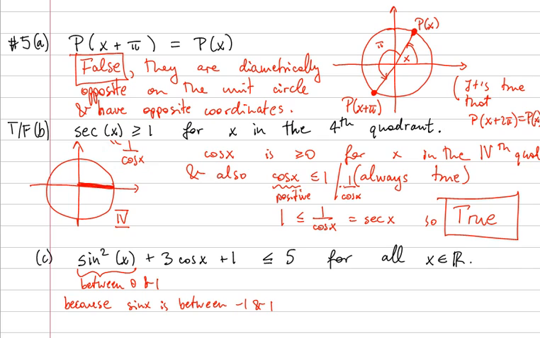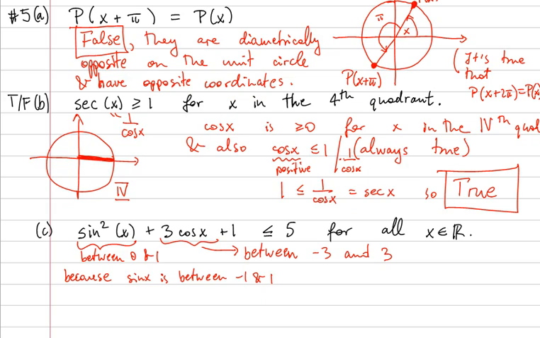Sine x never gets bigger than 1, never gets smaller than -1. And this is the square of sine x, so that's between 0 and 1. Now the second part, 3 cos x, by the same reasoning, is between -3 and 3. Because cos x is between -1 and 1.